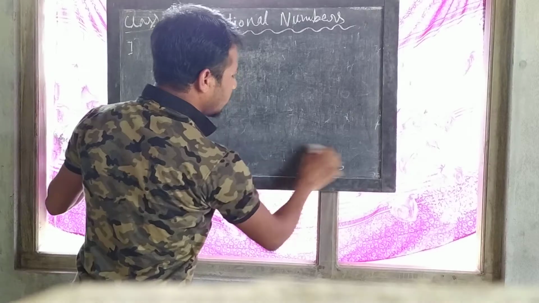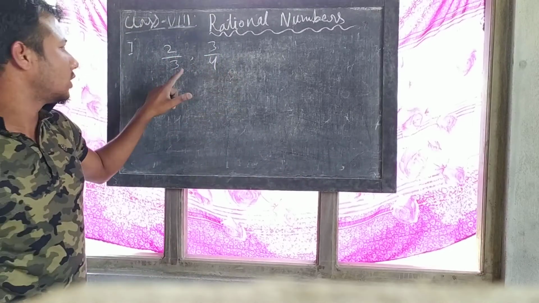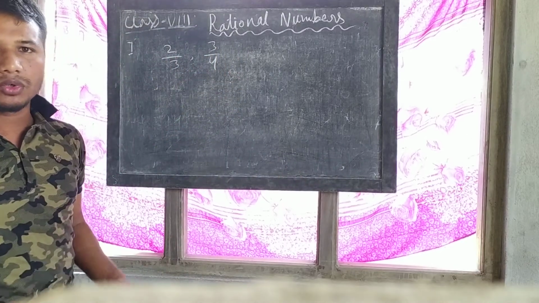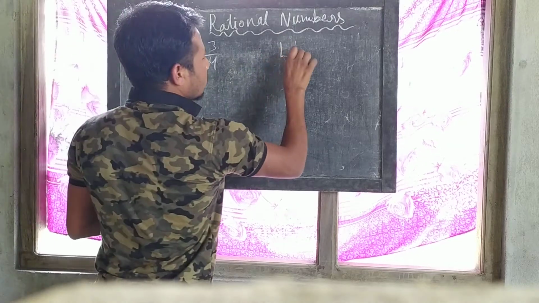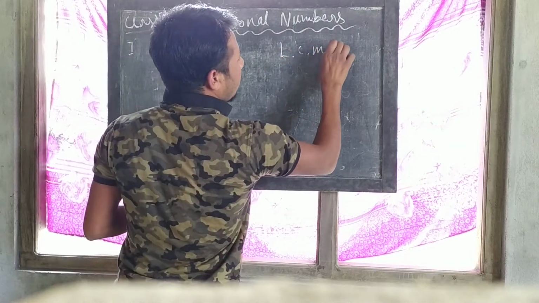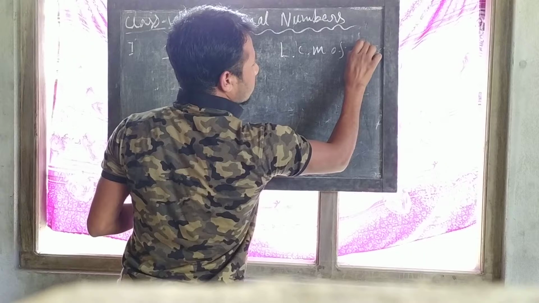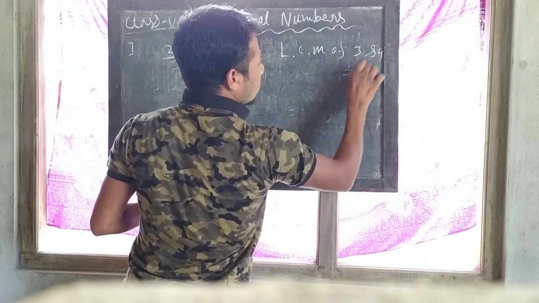First we have to equate the denominators. Here the denominator is 3 and here the denominator is 4. So the LCM of 3 and 4 is 12.